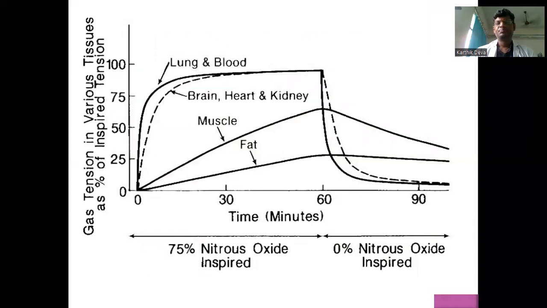This pictograph represents the earliest anesthetic concentration in the vessel-rich group like lung, blood, brain, heart. It reaches a higher concentration within a few minutes of induction, whereas muscle gets steady state induction and fat gets very slow induction when compared with the vessel-rich group.